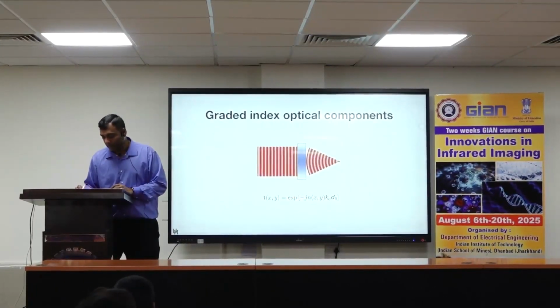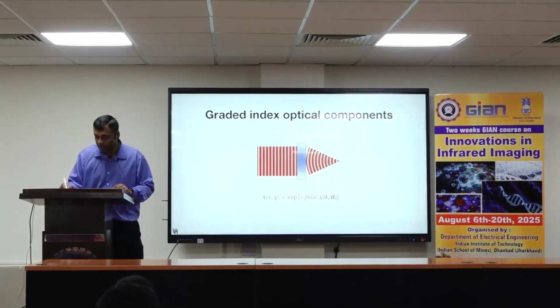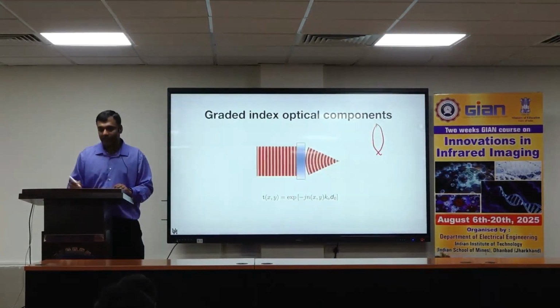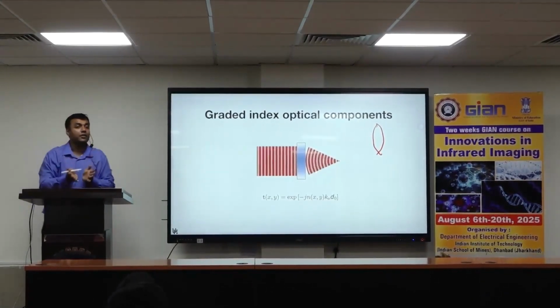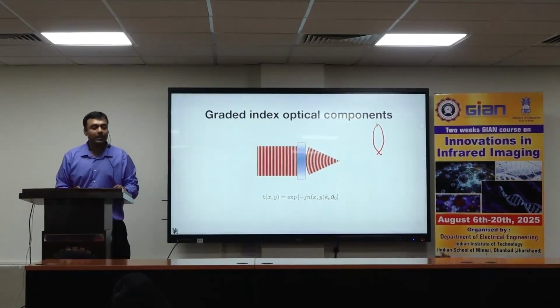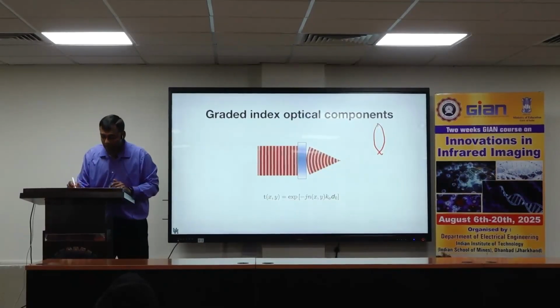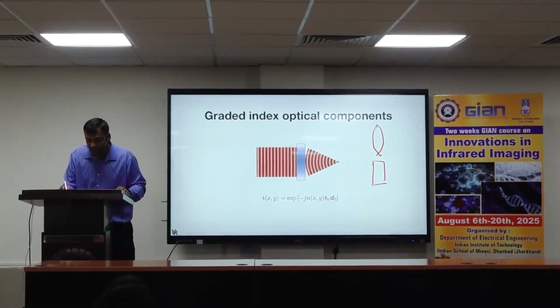The other thing I wanted to mention was that in a lens, you have this kind of shape, right? A lens is a glass which has two surfaces which are curved. Equivalently, instead of using a different shape, you can have a rectangular piece of glass, but change the refractive index.